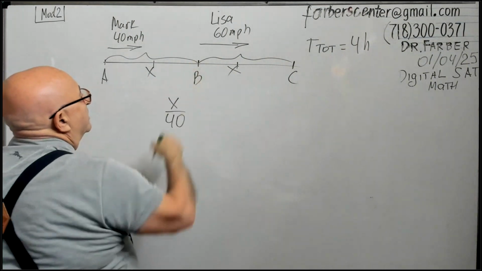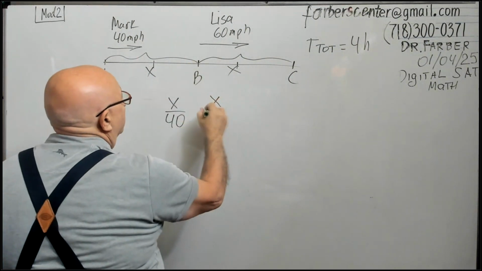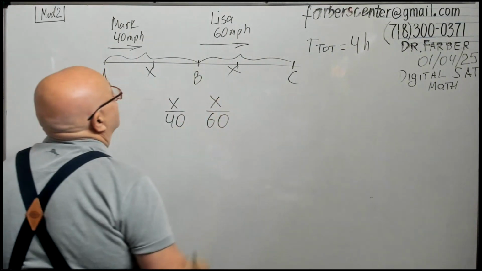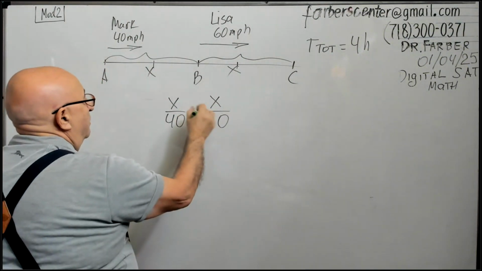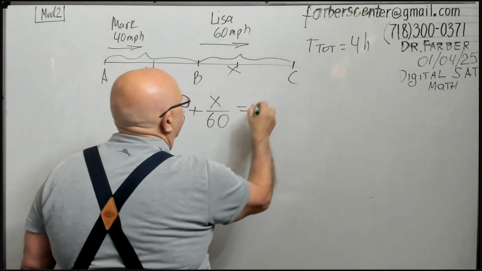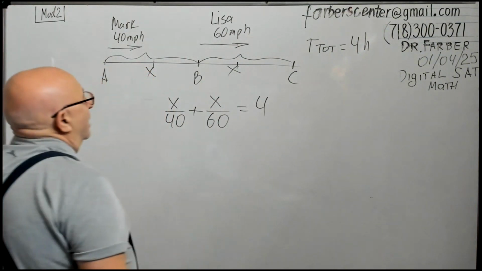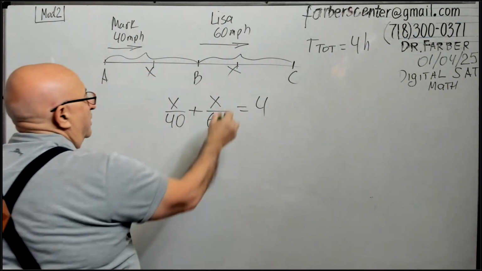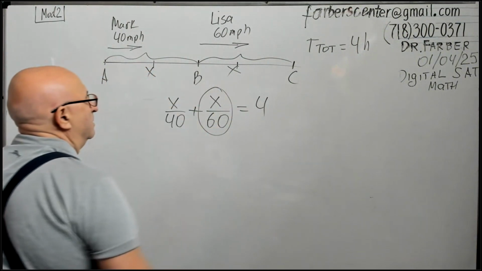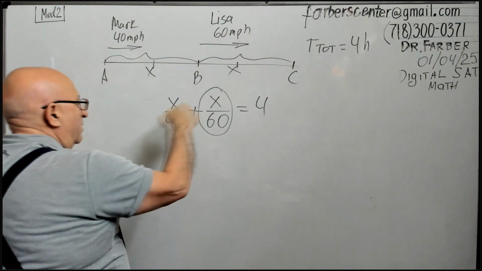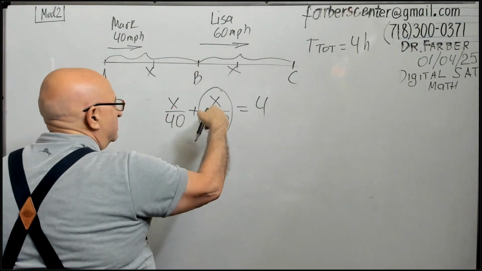And time for Lisa is x over 60, because you know time is distance divided by rate. If you add them up, you get what? 4. And what do they ask you to find? They ask you to find x over 60. This is my target. From this simple equation, you find x and plug in over there.